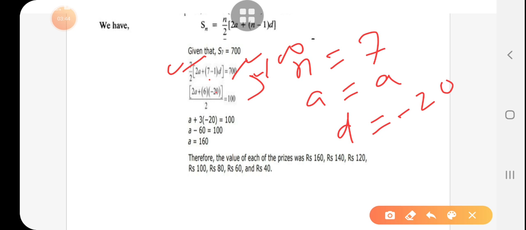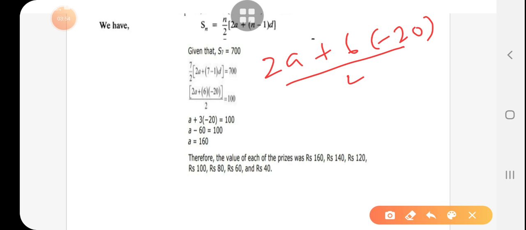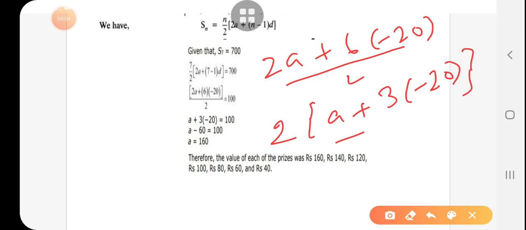Just see, I will do it once again. You got 2A plus 6 into minus 20, all by 2. Now take 2 as common, then you get A plus 3 into minus 20, by 2. Now cancel out 2, so you got A plus 3 into minus 20.